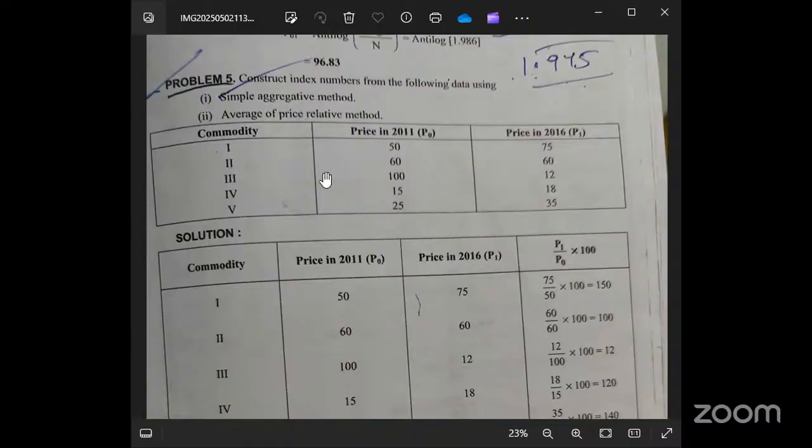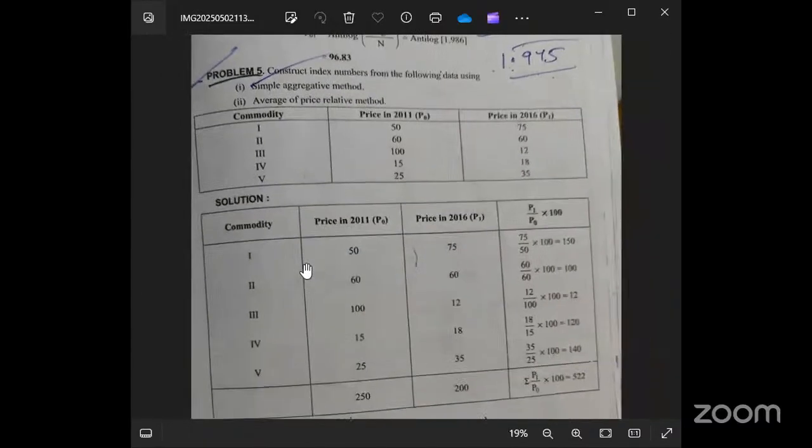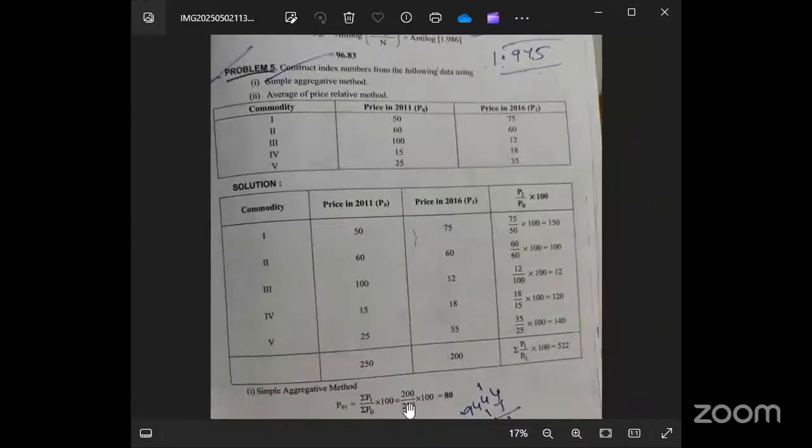So they have given us commodity 1, 2, 3, 4, 5, then prices in 2011 and prices in 2016. So P1 is current prices, P0 is previous price years.